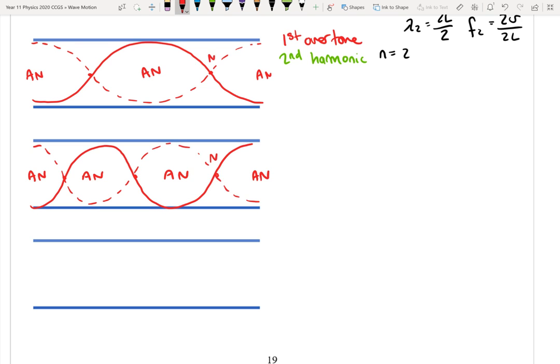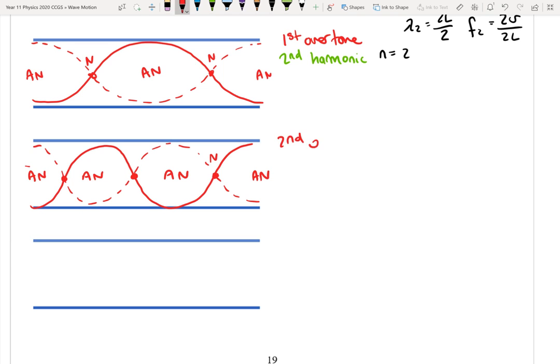And I always forget to label your nodes, which is where the particles are not moving. The line's kind of a representation of how far the particles move. If we could turn this into an XY axis, where the Y axis is the range of motion of your particles, you would see at an antinode you have the maximum range of motion in both directions, positive and negative.